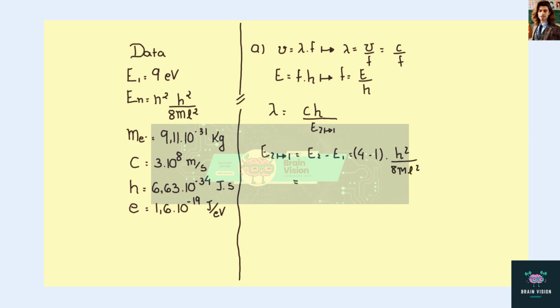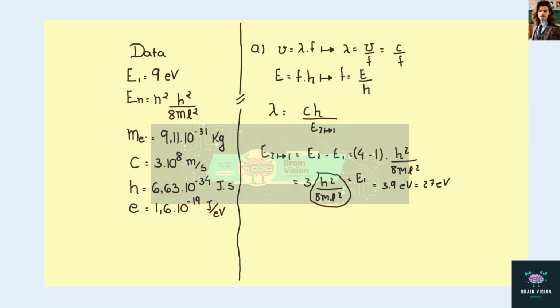And this is equal to 3 times h squared divided by 8mL squared. But this is not the whole thing. Note that this is equal to E1, and E1 is equal to 9 electron volts. Therefore, the smallest possible transition has an energy of 3 times 9 electron volts, which equates to 27 electron volts.